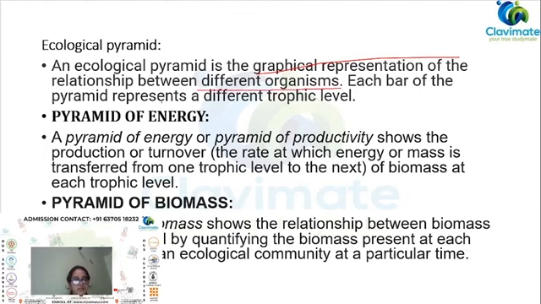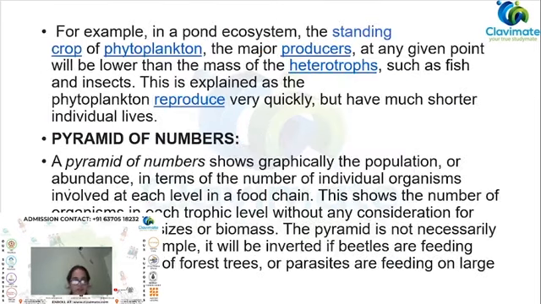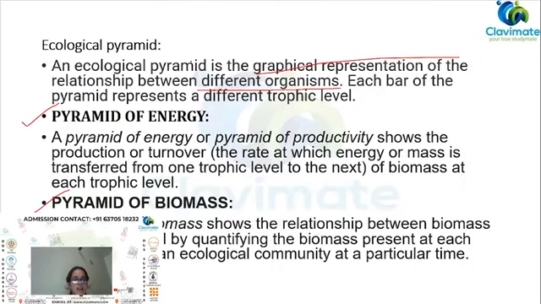There are three types: pyramid of energy, pyramid of biomass, and pyramid of numbers. For pyramid of energy, there is a transfer of energy from one trophic level to the next. Energy means biomass, so there is a transfer of this biomass from one trophic level to another, and that is the pyramid of energy.